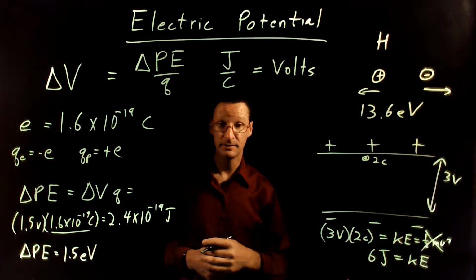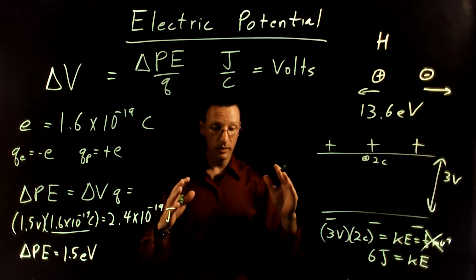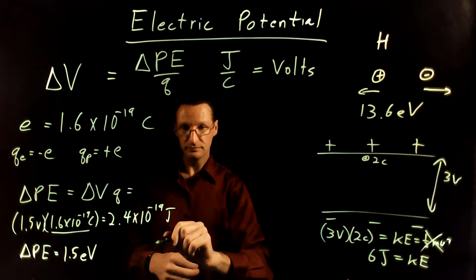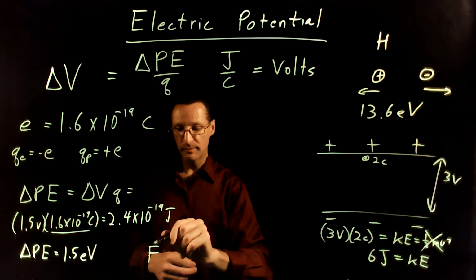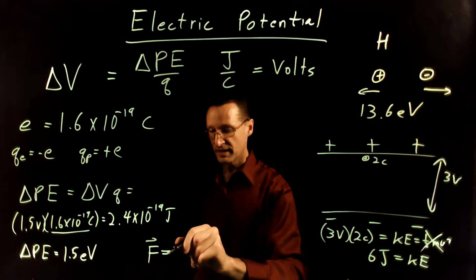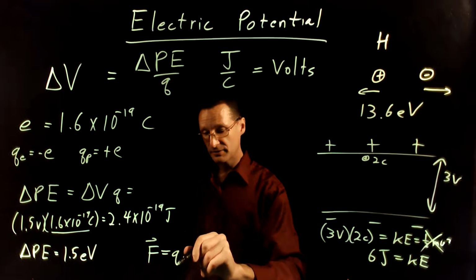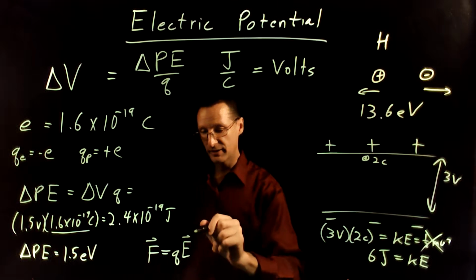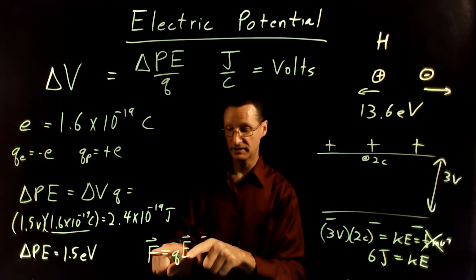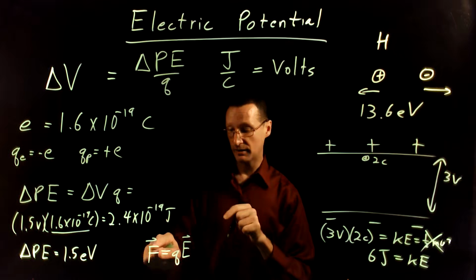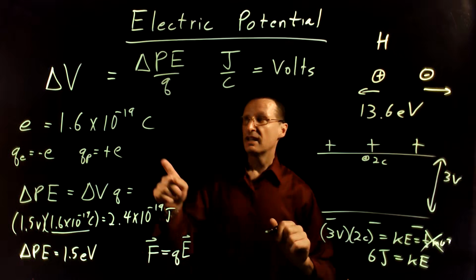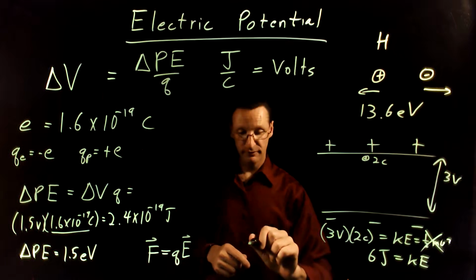Okay. Now, one more thing I want to point out here, and that is that remember when we talked about force and electric field, they are best friends. They have to point in the same direction. The electric field tells you about the force. Here, the situation is a little different.